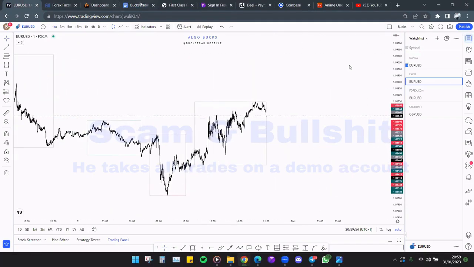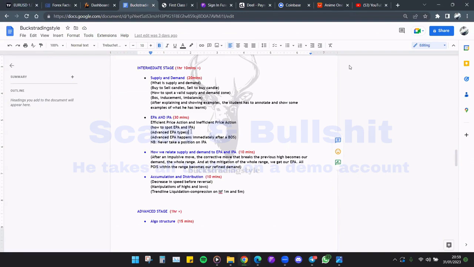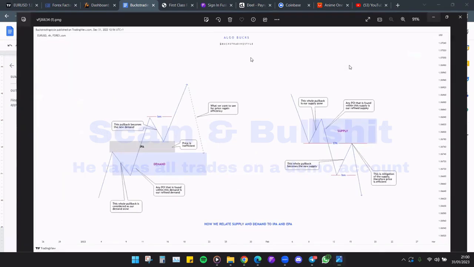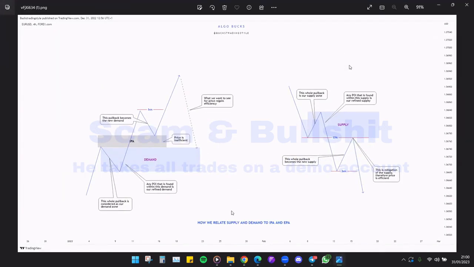Okay. We just finished talking about EPA and IPA. Now let's look at how we relate supply and demand to EPA and IPA. This is simple logic. This chart basically explains everything.